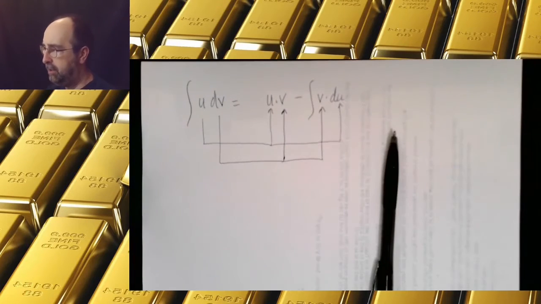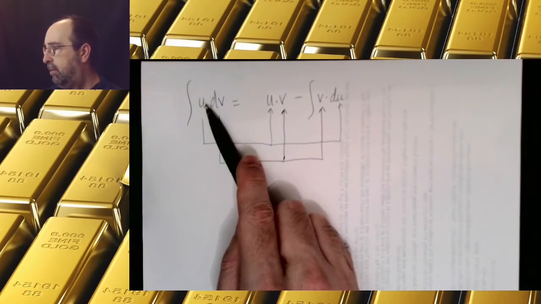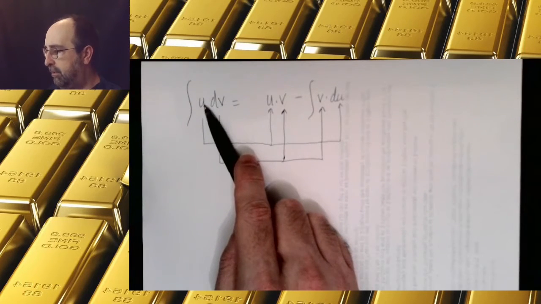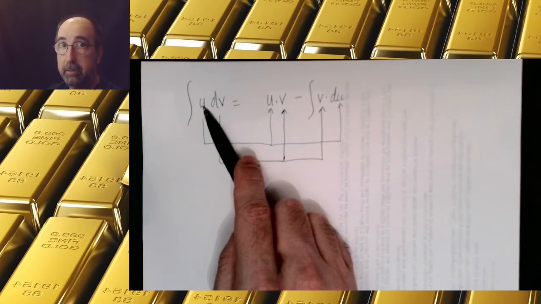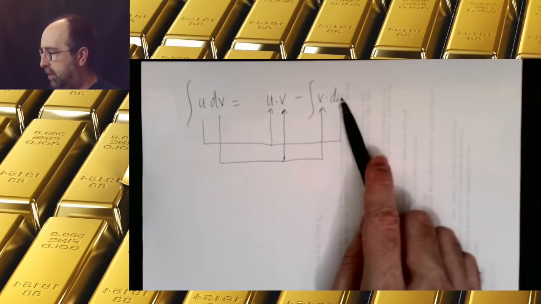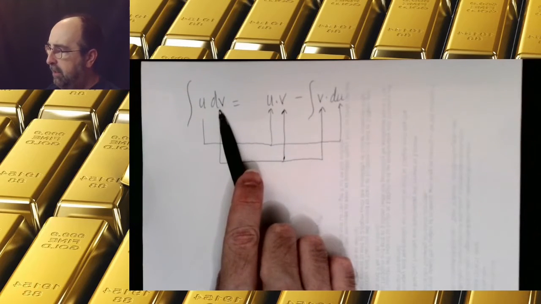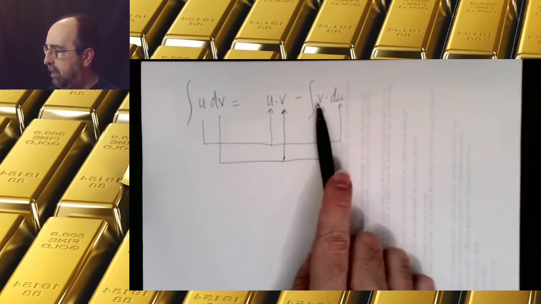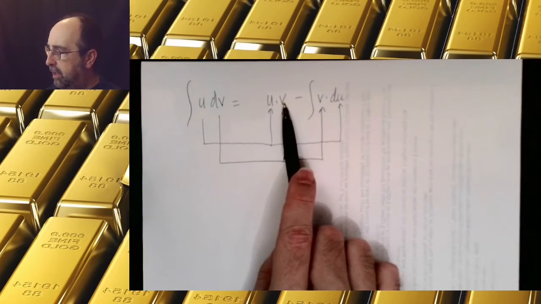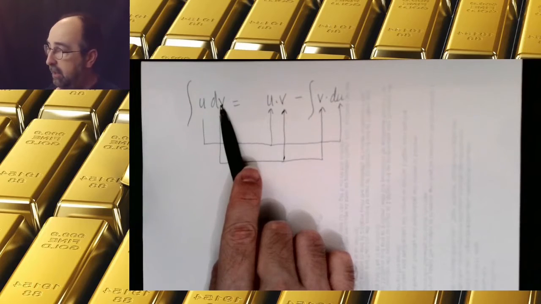So the idea is that they want you to identify a part of an integral problem that you can take a derivative of. So the u part would be the part that you're taking the derivative of. And you can copy the original u to here, but you can take the derivative of u and use it here. And then for dv to turn into v here and here, you would have to understand that v would be the integral of dv, or the antiderivative of dv.